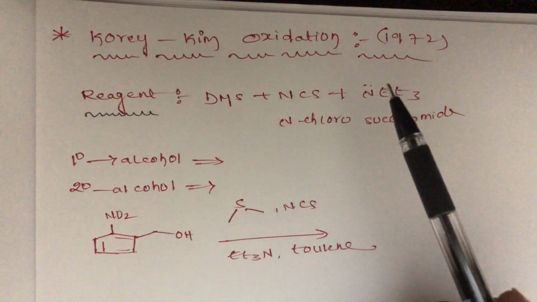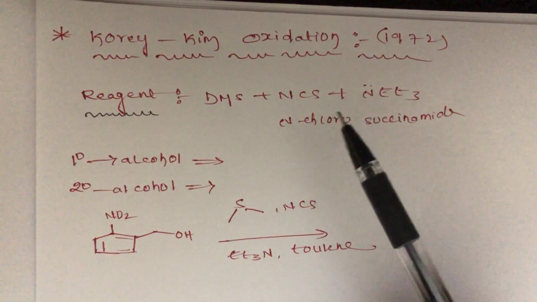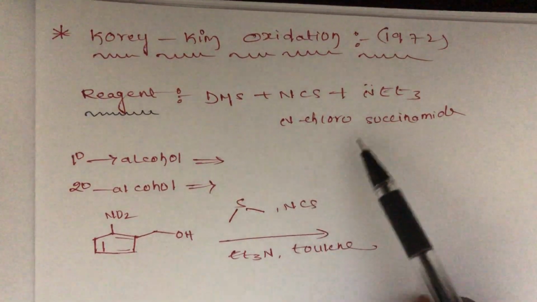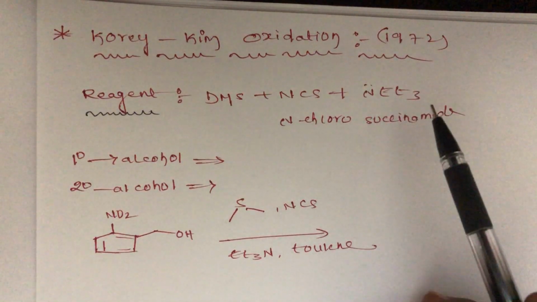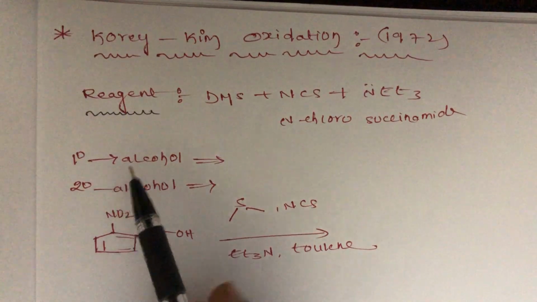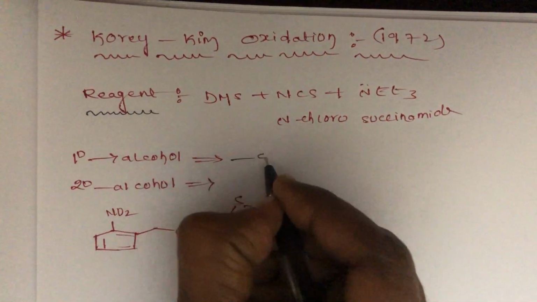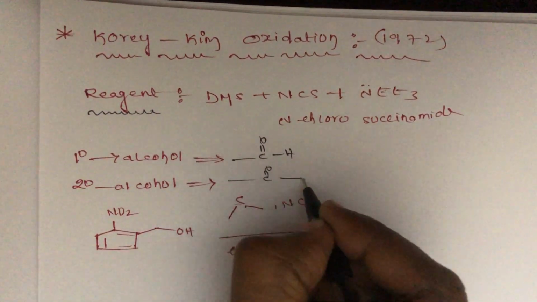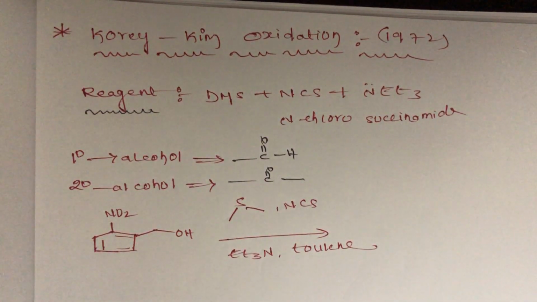So they are developing the process, and we are using DMSO. Here we are using DMS, dimethyl sulfide, and NCS, which is nothing but N-chlorosuccinimide, and a base. The main process of this reaction is that primary alcohols give aldehydes, and secondary alcohols give ketones, right? Tertiary alcohols will not react here.